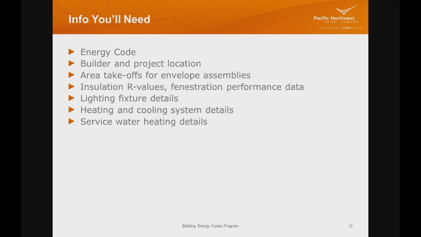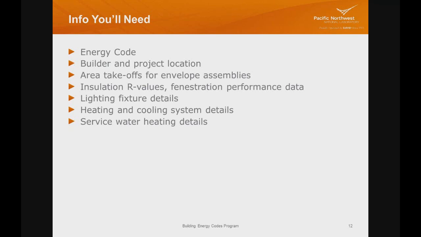What you will need available for fully specifying the project are, of course, the energy code that is required by your jurisdiction. You'll need to know your project location and have your site information available, as in address, so your code official knows where this is being built. Area takeoffs for your envelope assemblies.